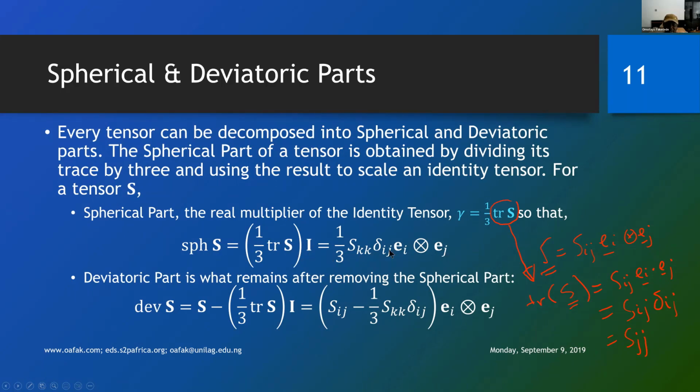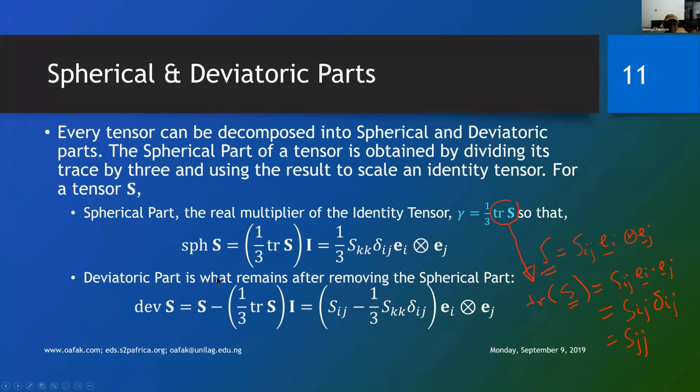You get this form here. That is the spherical part of the tensor. Every tensor can have this as the spherical part: just take the trace, divide it by 3, and multiply it by the identity tensor. That gives you the spherical part of the tensor, which is written as SPH S, the spherical part of tensor S.